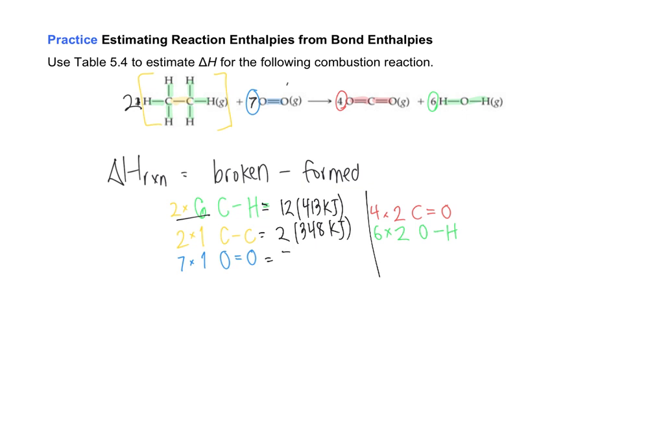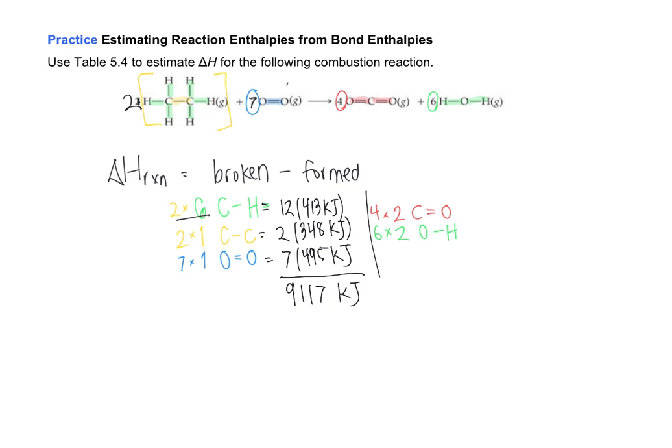And then we have 7 oxygen-oxygen double bonds, and those are 495 kilojoules. So then I can actually add up all of the energy associated with breaking bonds, and it is 9117 kilojoules. So that's how much energy is involved with breaking up those reactants.